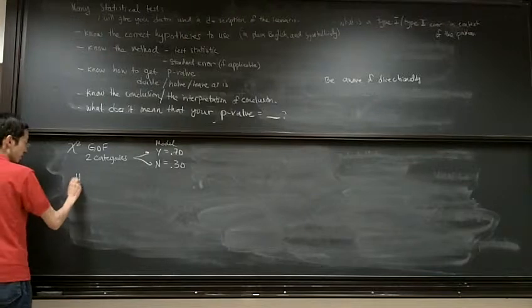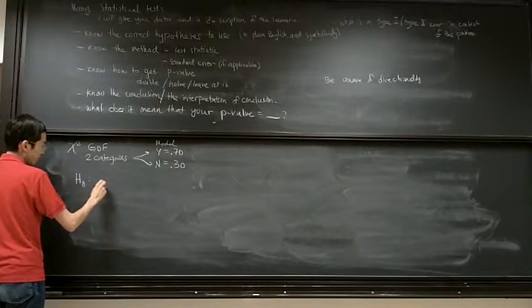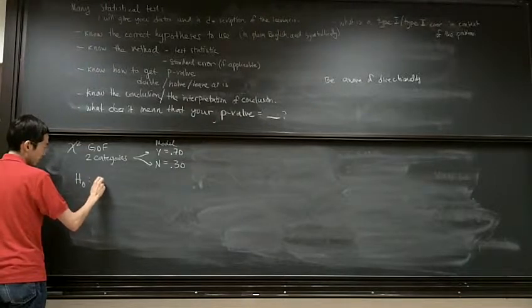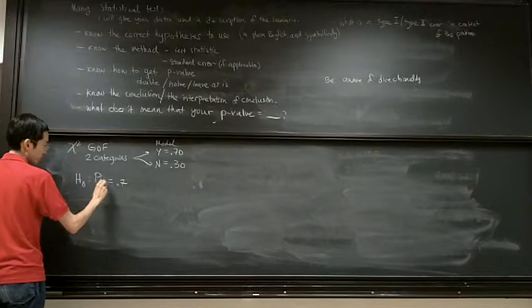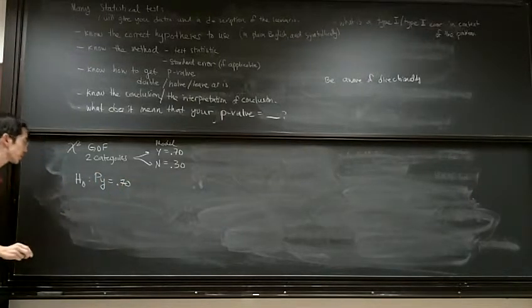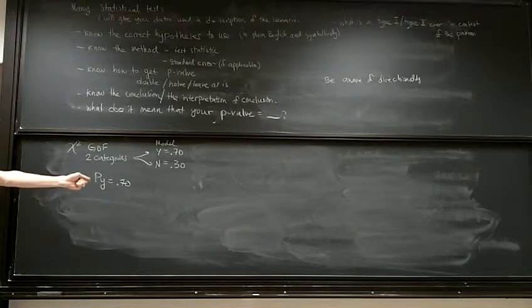So, according to our model, basically the probability of yes, P of y, is equal to 0.70, and that would imply that the probability of no is 30%.